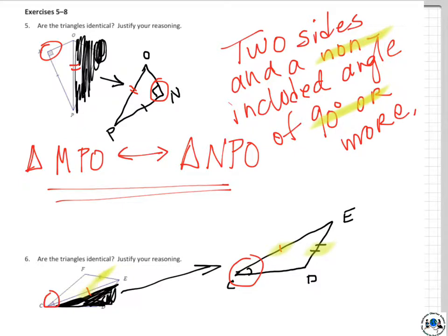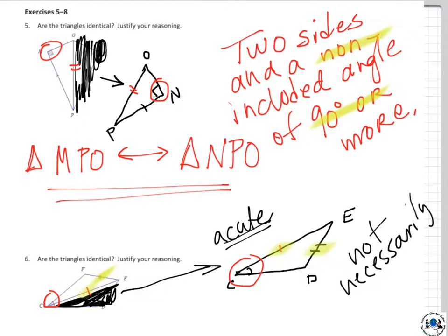Because it is an acute angle, we cannot necessarily say that they are identical. So we're going to say not necessarily identical. Alrighty, let's go ahead and finish this up. We have one more set of triangles, and then we'll be done.